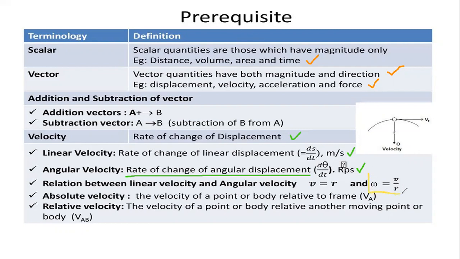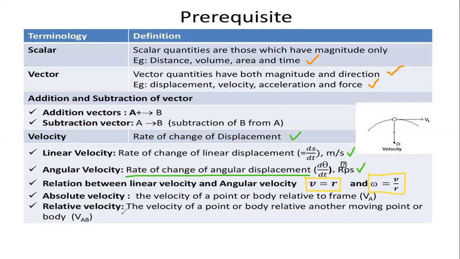Omega is equal to v by r, that is velocity by radius. So v is equal to r omega, and omega is defined as v by r. That is the relation between linear velocity and angular velocity.